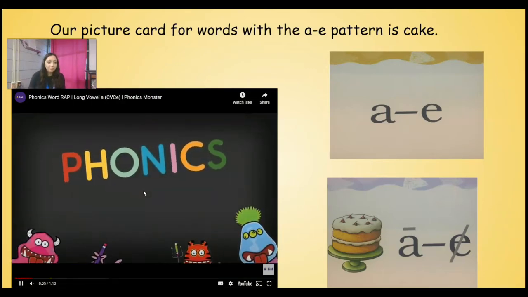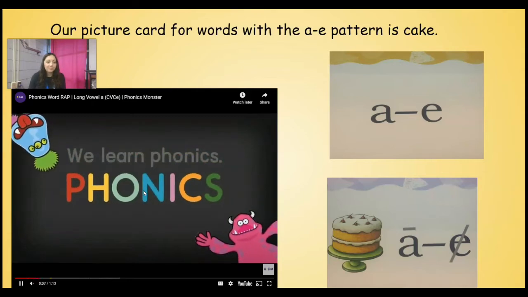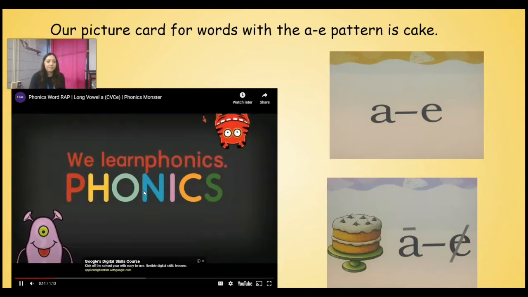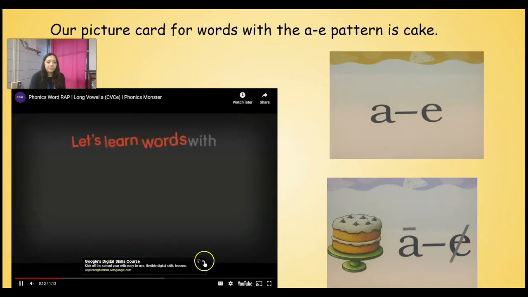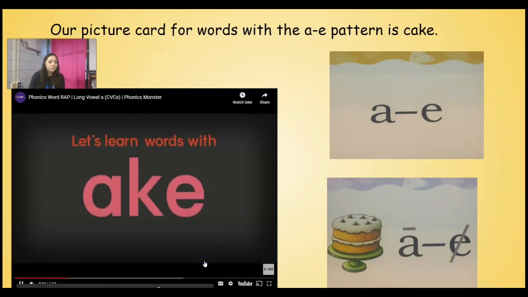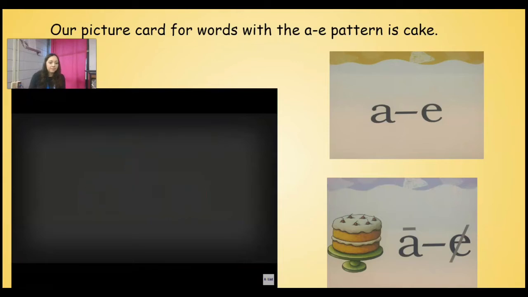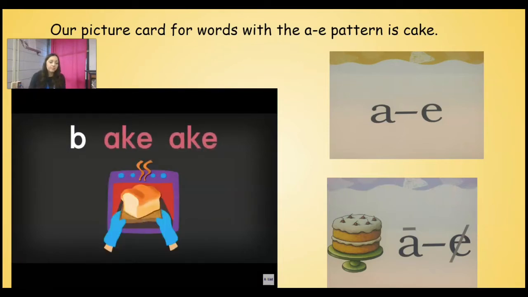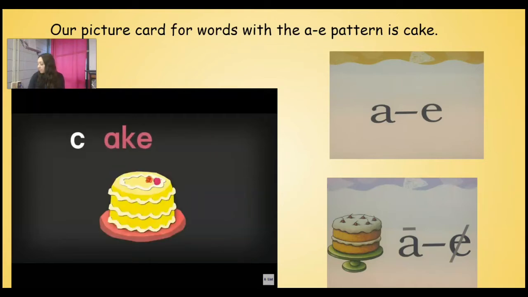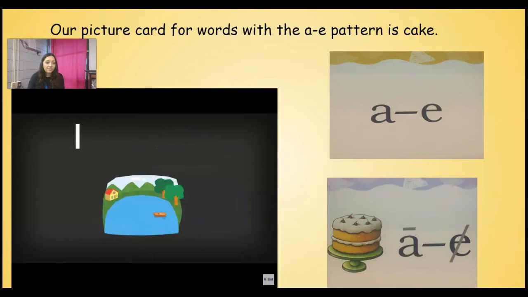Phonics, phonics, phonics, phonics. We learn phonics. We learn phonics. Let's learn words with ache, ache, ache, ache. Bake, bake, ache, ache, cake, cake, ache, ache, lake, lake.